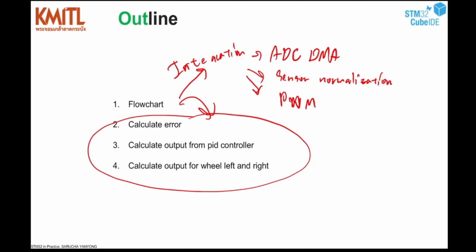But from the lecture that you learned before, you used only one channel, right? For the project, you have to control two motors. If you have to control two motors, you need two channels, maybe channel 1 and channel 2.